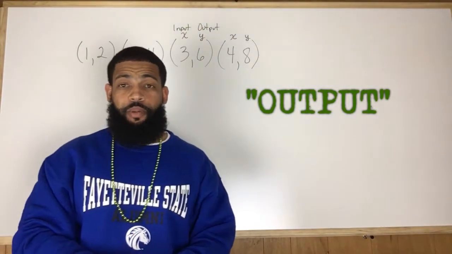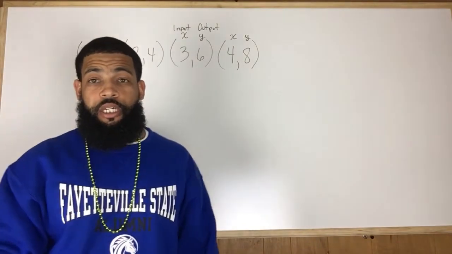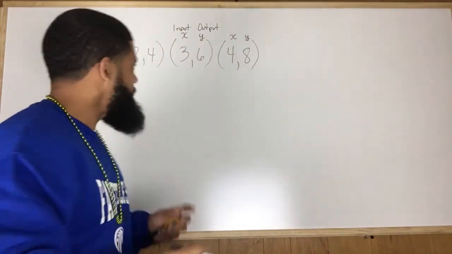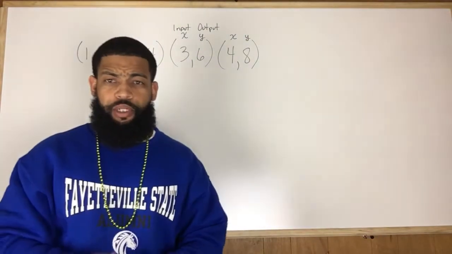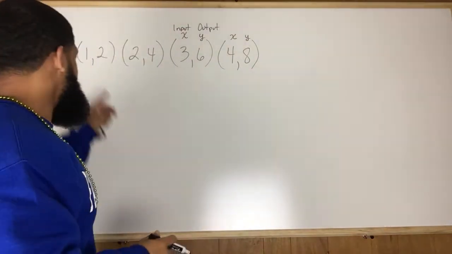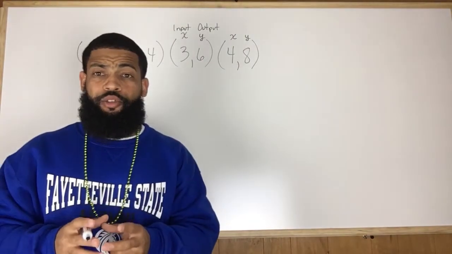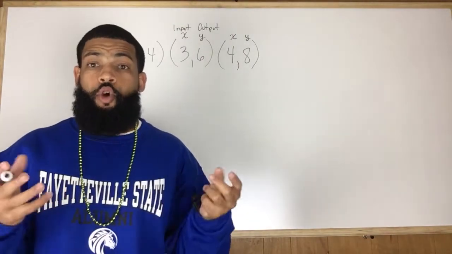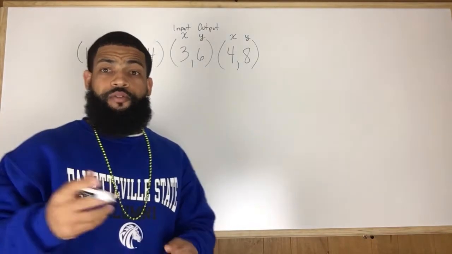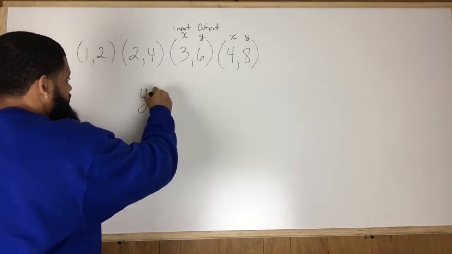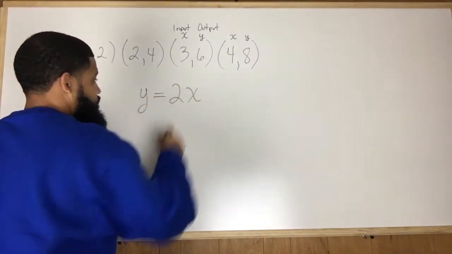And that's going to come into play as we get into this series, specifically talking about the different ways to represent functions. So basically, if I look at my input and output, I can see that for every x value, if I multiply it by 2, it will give me the corresponding y value. So, for example, I can come up with a function rule that says y equals 2x.